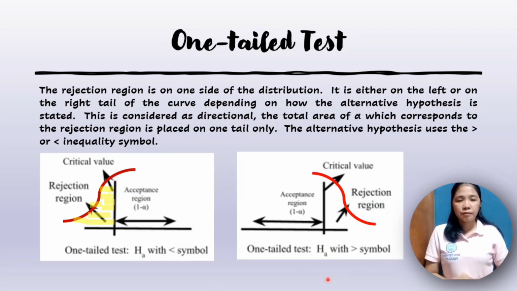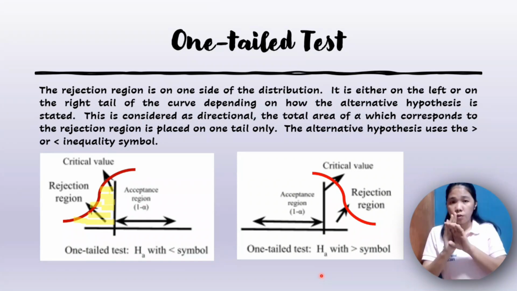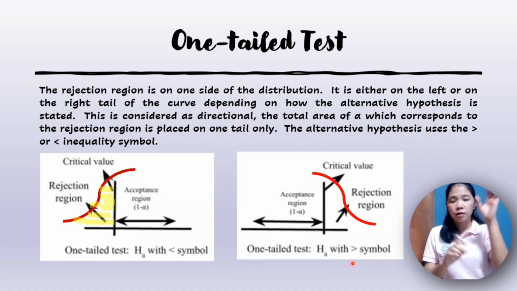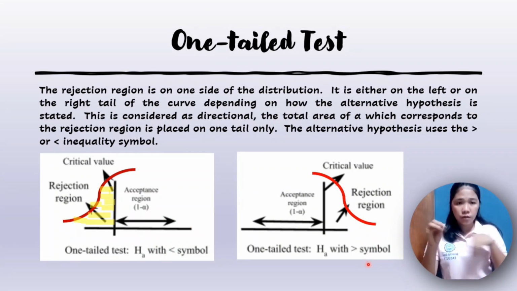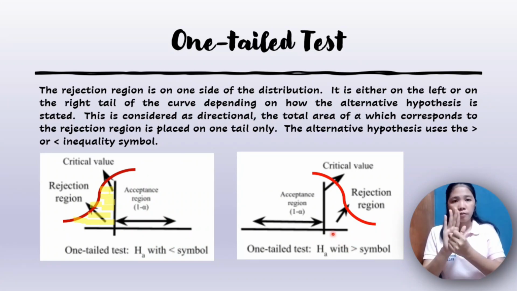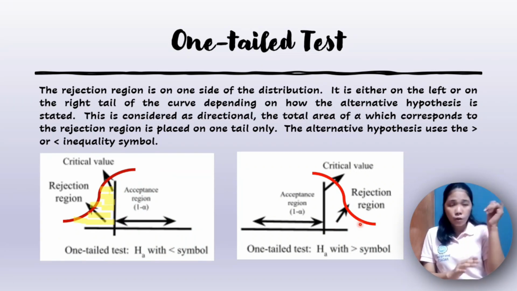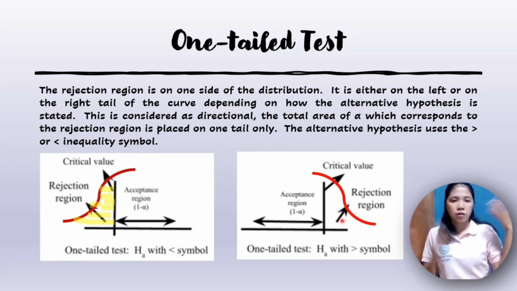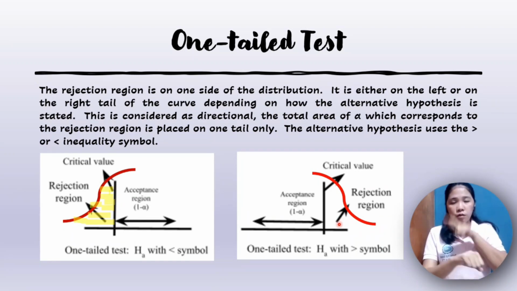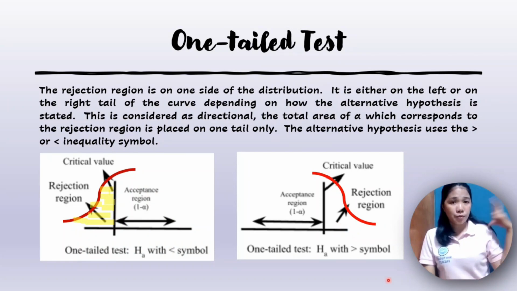While on the second illustration, it is also called a one-tail test because the alternative hypothesis makes use of the greater than symbol. Then again, if we make use of the greater than symbol, then the shaded part will be on the right side of the critical value, meaning the rejection region is on the right side of its critical value.